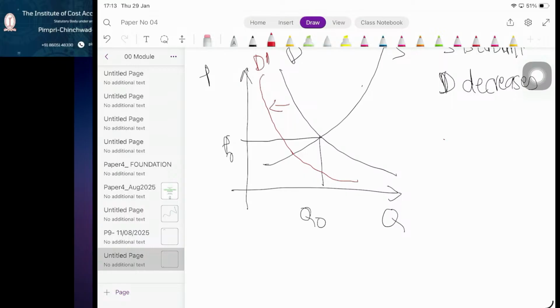And the new equilibrium is here, P1, Q1. Quantity has decreased and price has decreased. Okay. I'm stopping here. Okay.